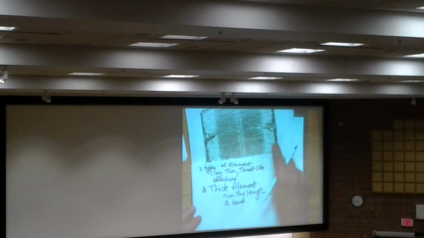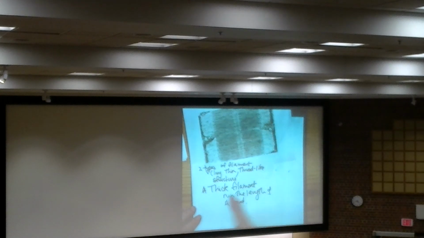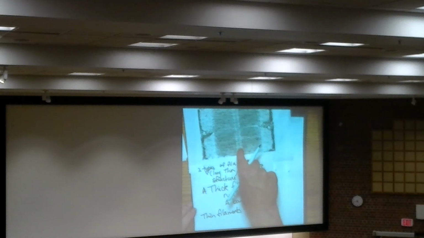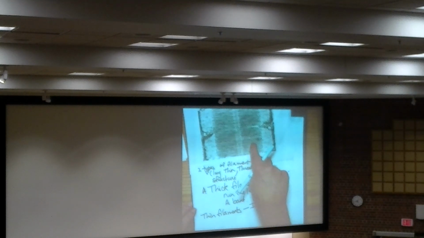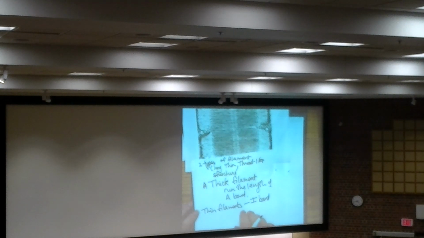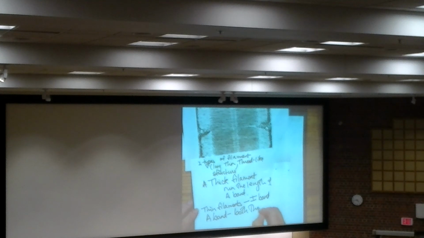There are, on the other hand, in the I band, thin filaments. The I band has only thin filaments. But in the A band, there is an overlap of the thick filaments, and in these portions, thin filaments. So the A band actually has both thick and thin filaments.